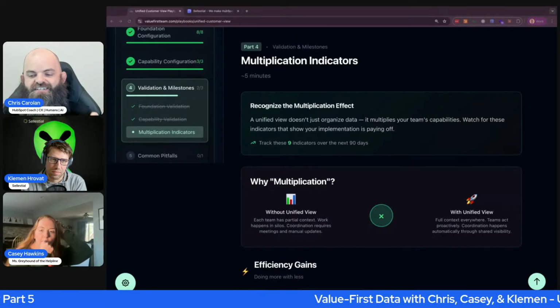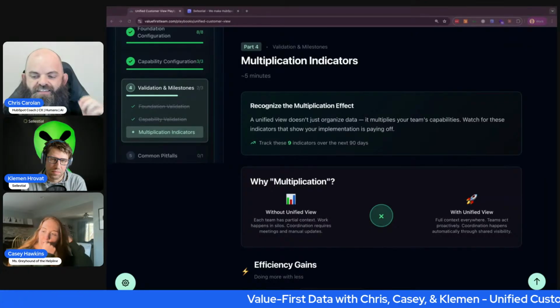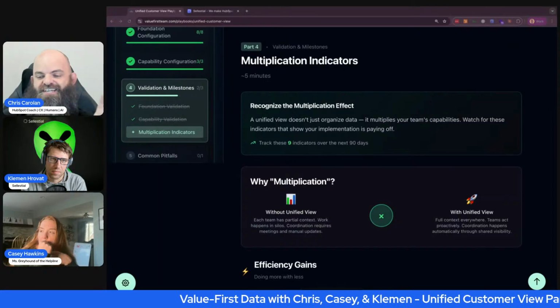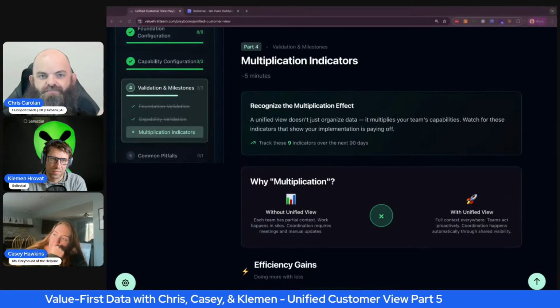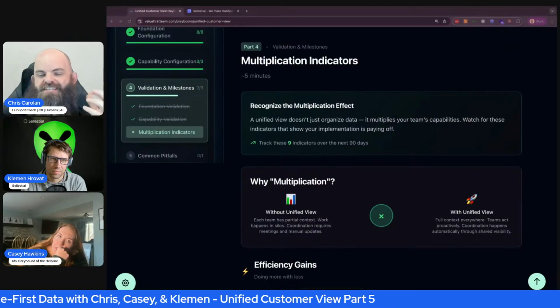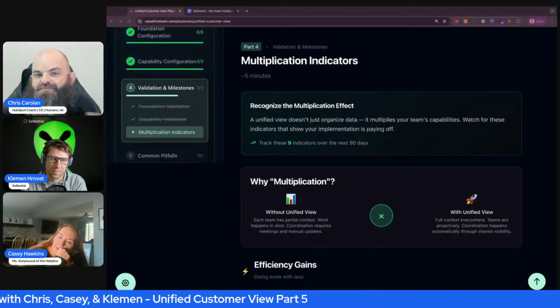In this coordination, the automatic coordination that happens because we all see the same thing and trust the same thing, guess what's happening at meetings now? That's where the multiplication happens.